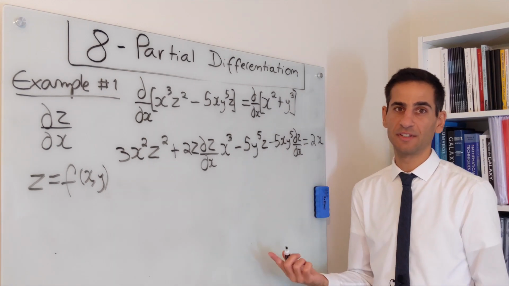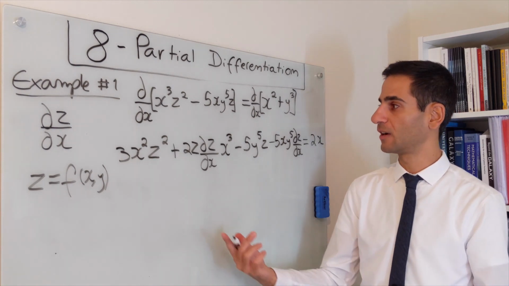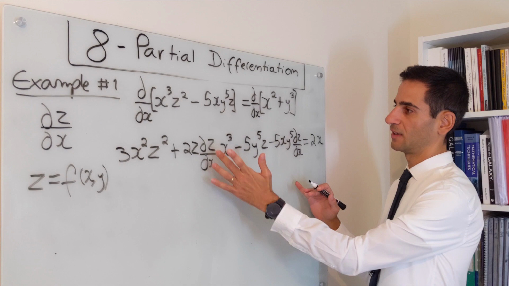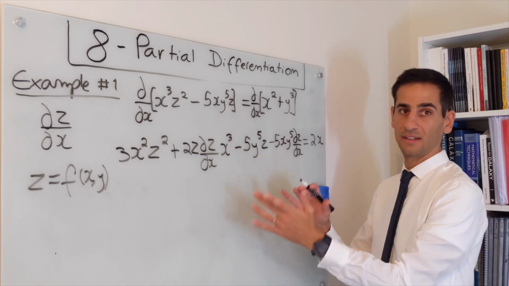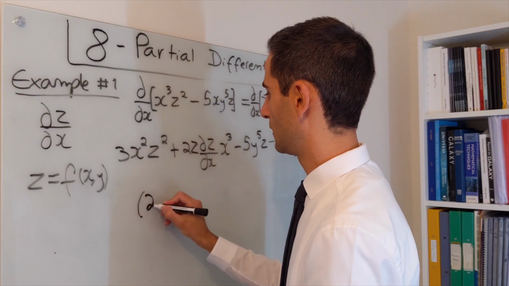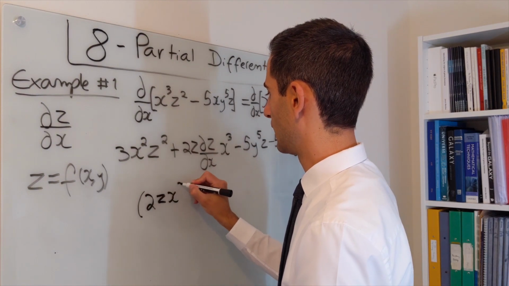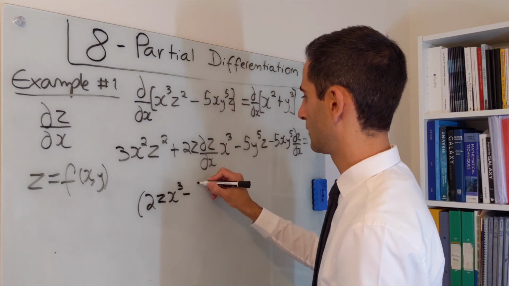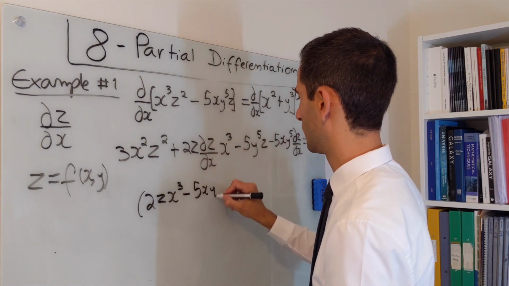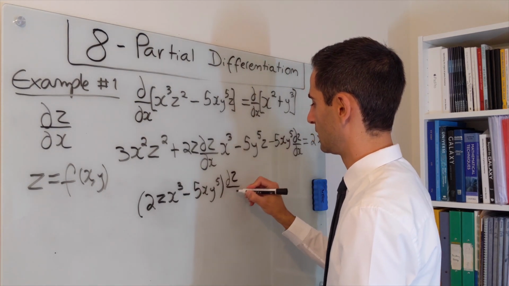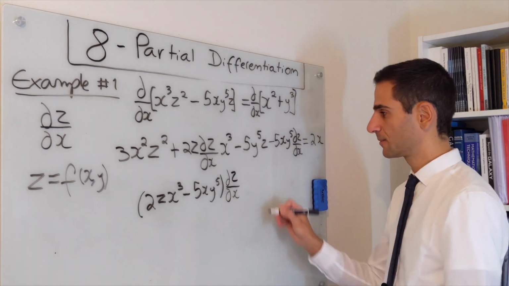As with implicit differentiation of just functions of one variable, the next step is you want to combine the terms that contain dz dx, and then you want to solve for it. In this case, we have 2z x to the power of 3 and also a minus 5x y to the power of 5, that is being multiplied by dz dx.